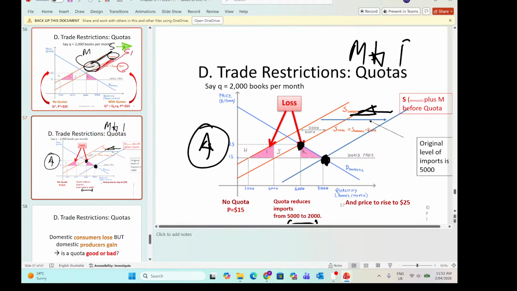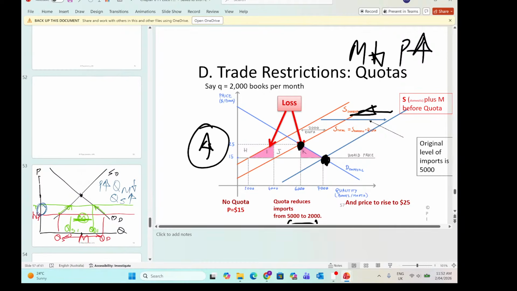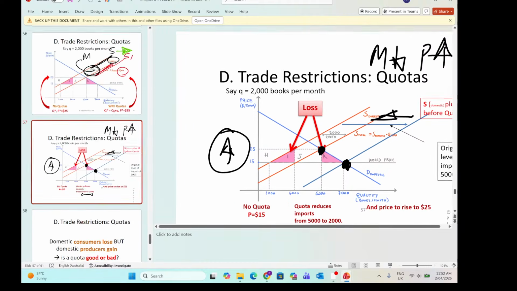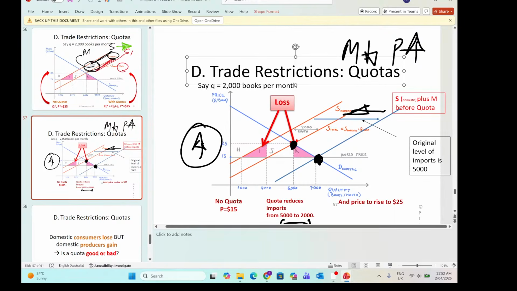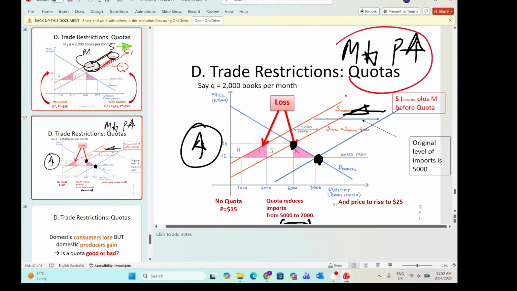So the price has gone up, and you'll remember when I started the presentation today with this diagram, I showed you that with tariffs, that's also the effect of a tariff, right? They also reduce the level of imports, and they push the price up.